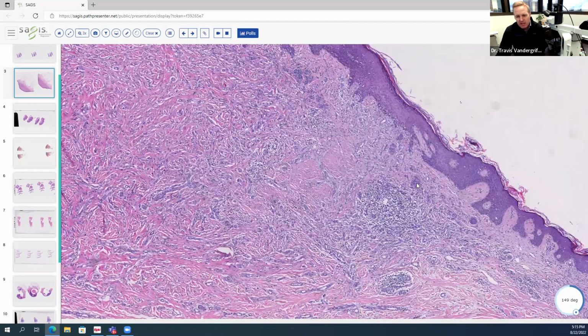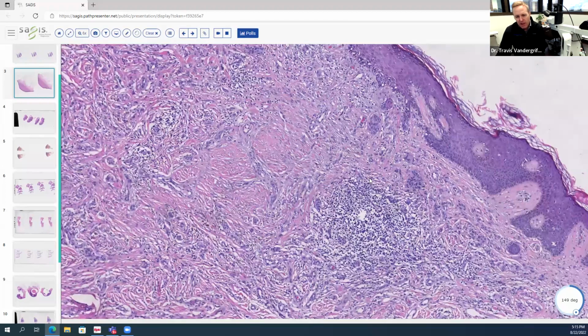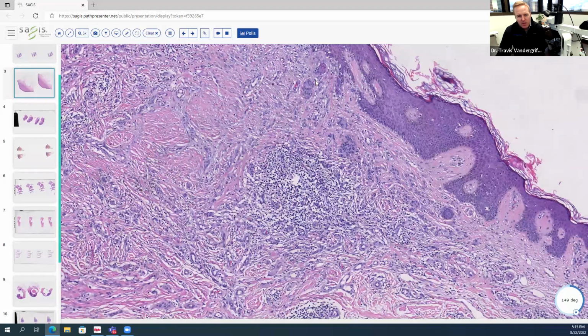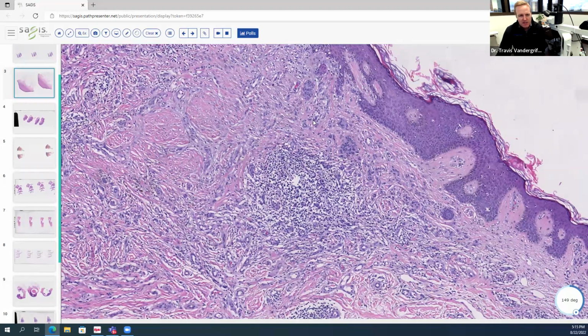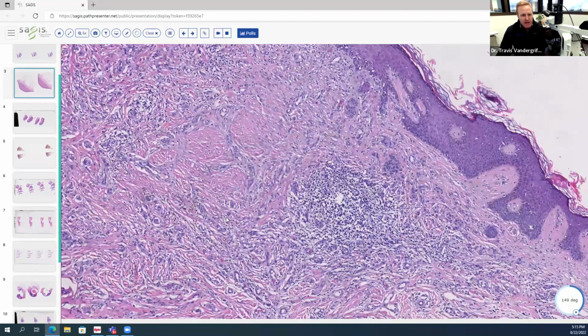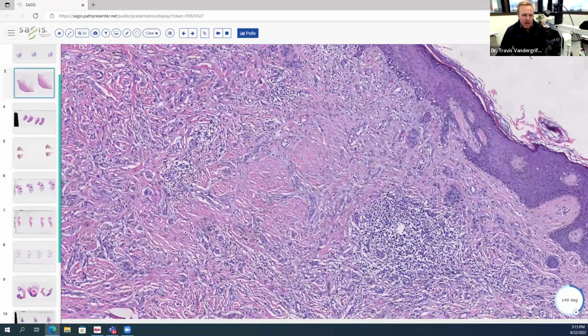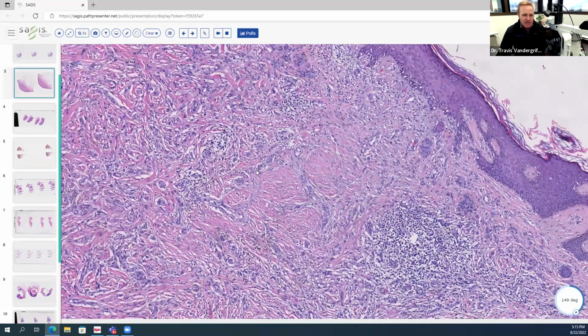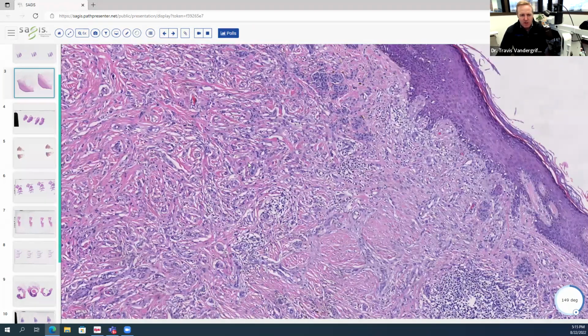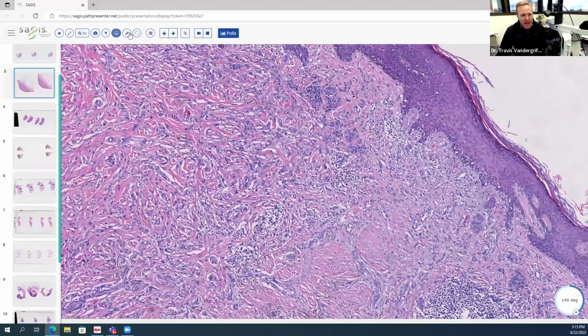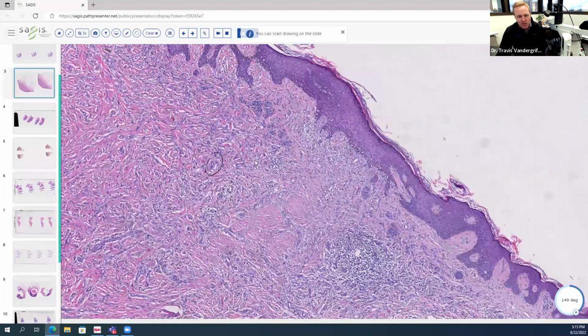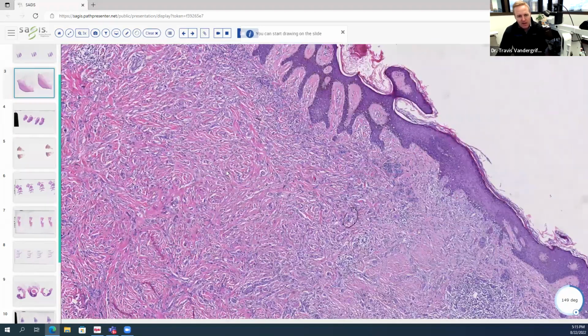A Spitz nevus is a benign melanocytic proliferation with nests of melanocytes in the papillary dermis, and then they disperse towards the base. What's unique about this variant of Spitz nevus is the concomitant proliferation of blood vessels in the background. That proliferation of vessels can be so pronounced that it can even obscure your interpretation and make you think more about vascular neoplasms.